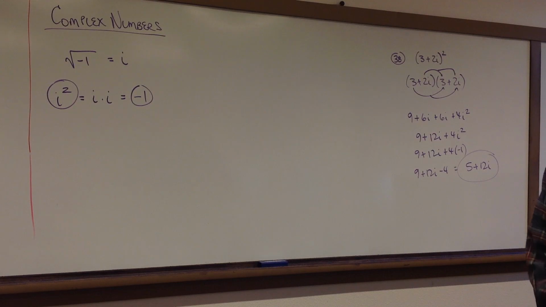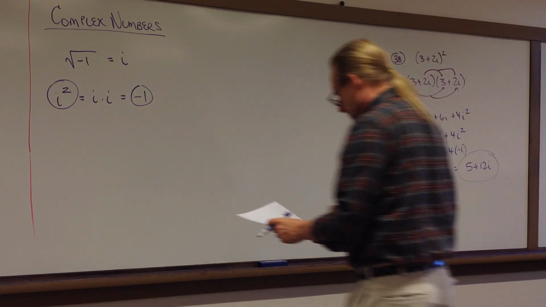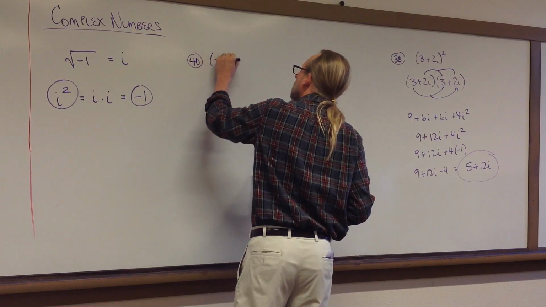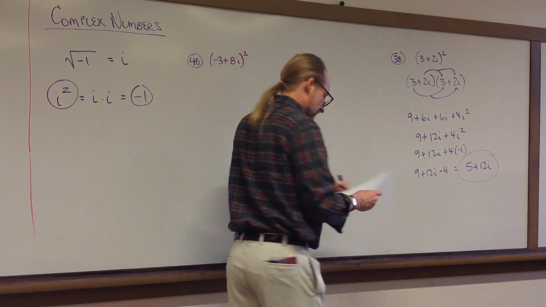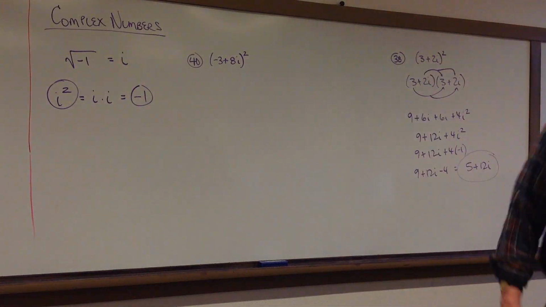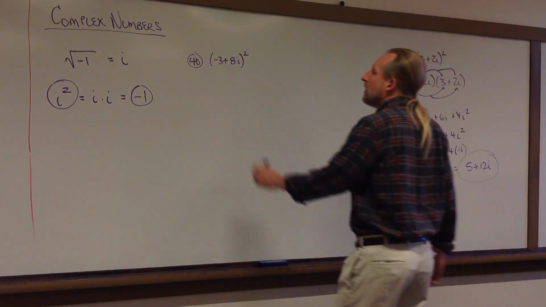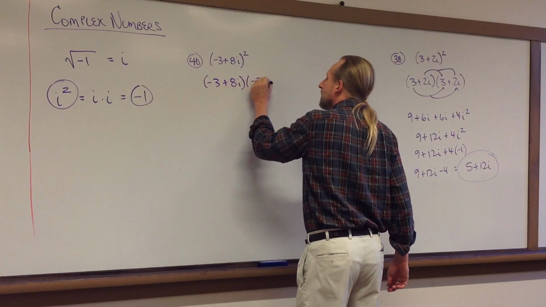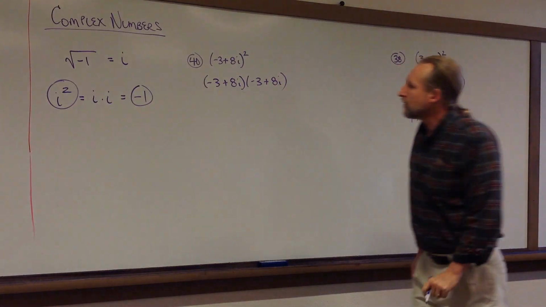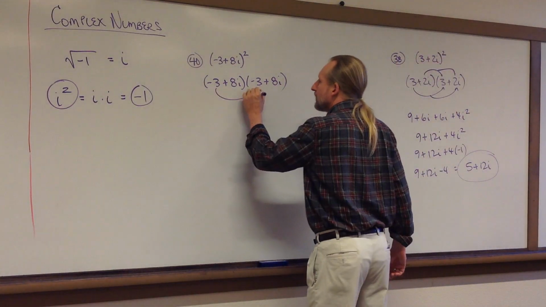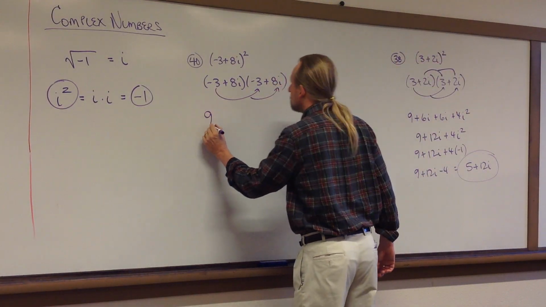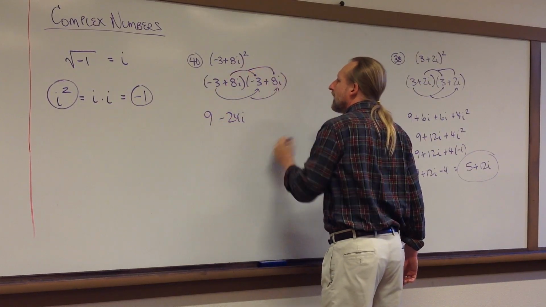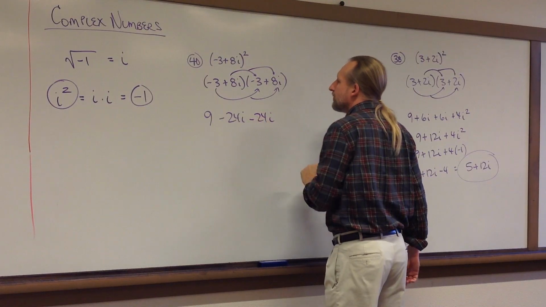What do we have here? Problem 40. Negative 3 plus 8i all squared. So, again, if you square something, that means that you should multiply it by itself. So there we go. And now we have to distribute the negative 3. That'll be positive 9 minus 24i. Distribute the 8i. We'll get another minus 24i.